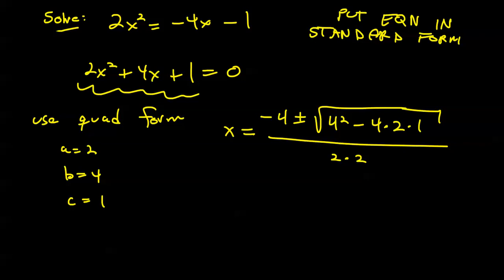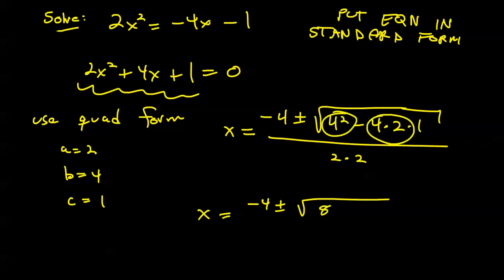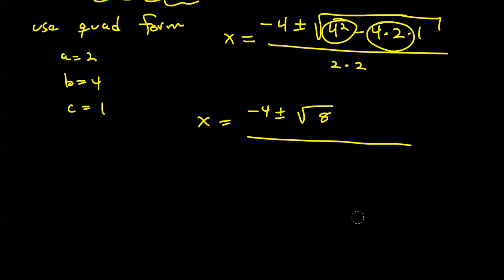Of course, I can now simplify this expression. My solutions for x: minus 4, can't do much with that. How about under the root sign? 4 squared is 16. 16 minus 8 is 8. So I end up with an 8 under that root sign. So minus 4 plus or minus the square root of 8, over 4.